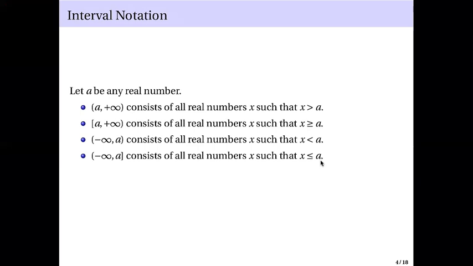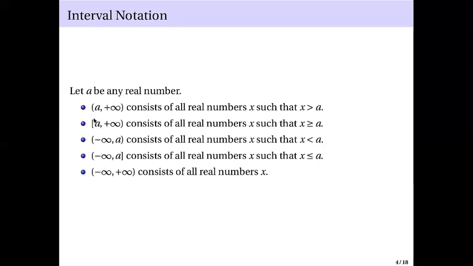And we add the following interval: open parenthesis negative infinity comma plus infinity close parenthesis. So this consists of all real numbers x. So it's any real number. You will notice that we don't use square brackets on the side of infinity, because square brackets mean that the number is included.